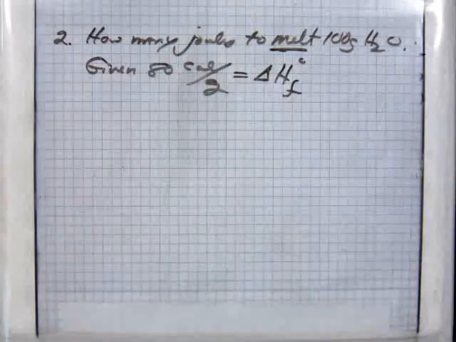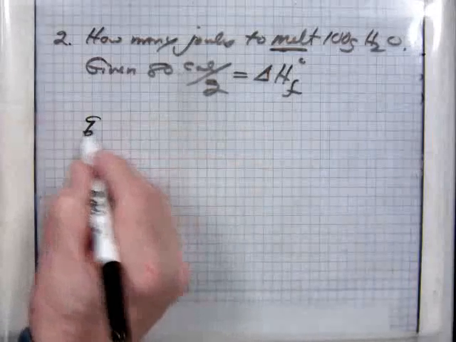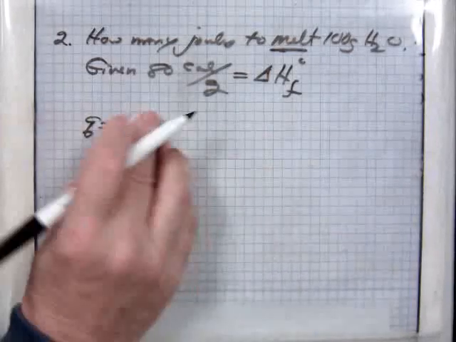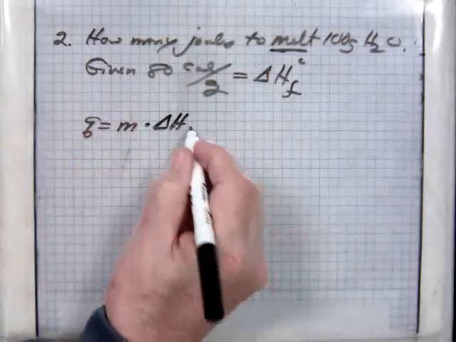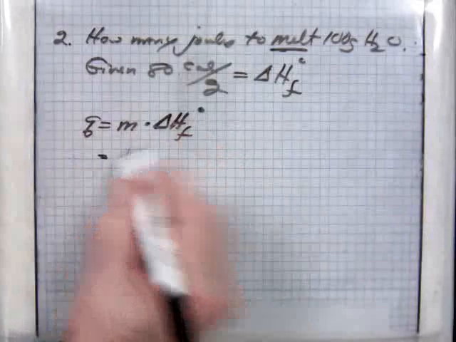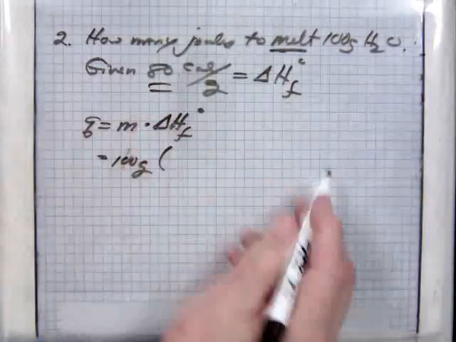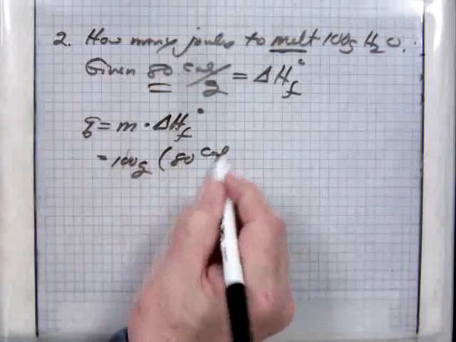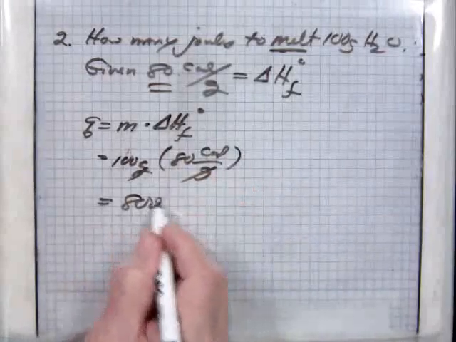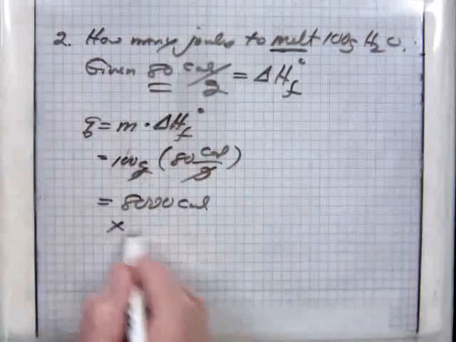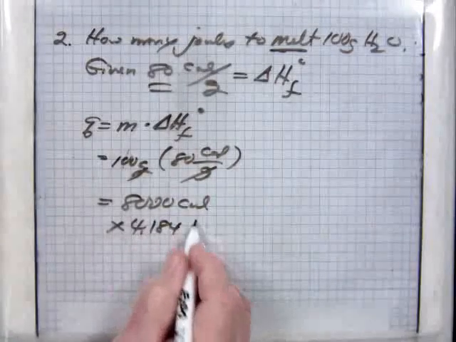No. It'd be Q equals M delta H, delta H of fusion this time. M is 100 grams, and we're given the 80 calories per gram. The grams drop out, and so you have 8,000 calories. If you need it in joules, multiply by 4.184 joules per calorie.